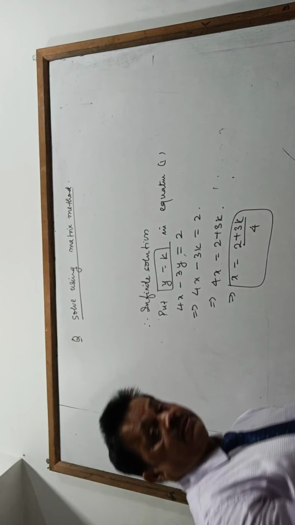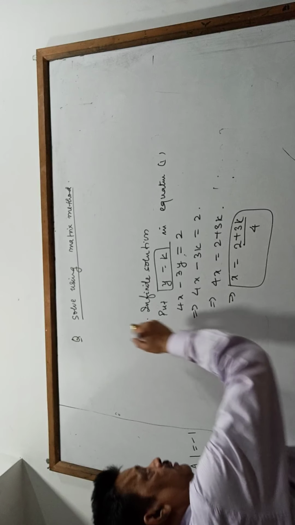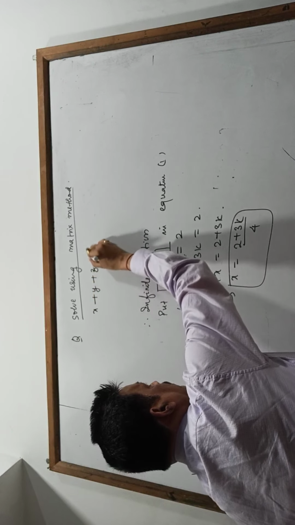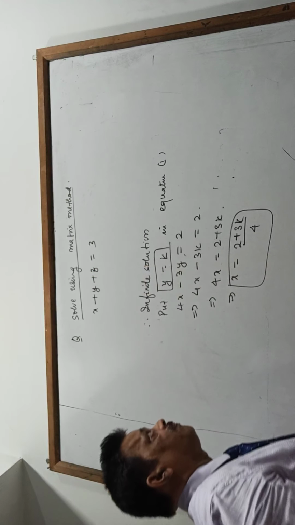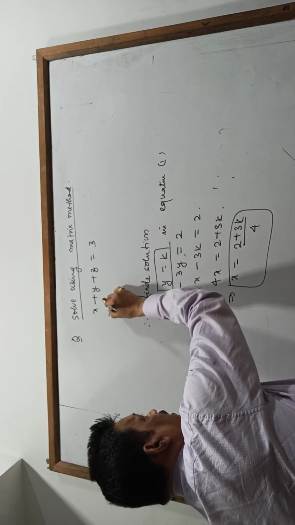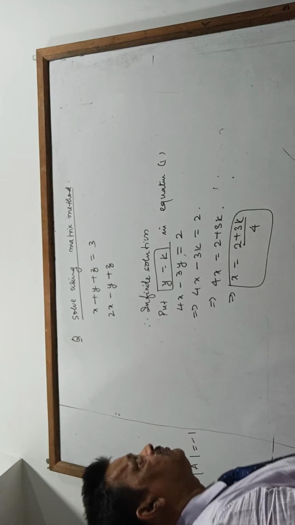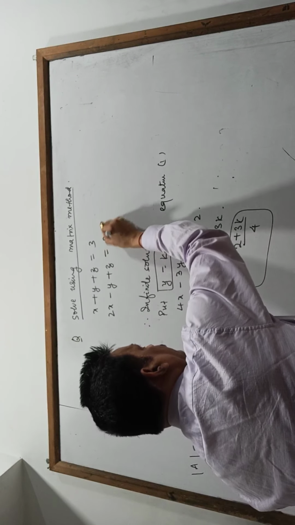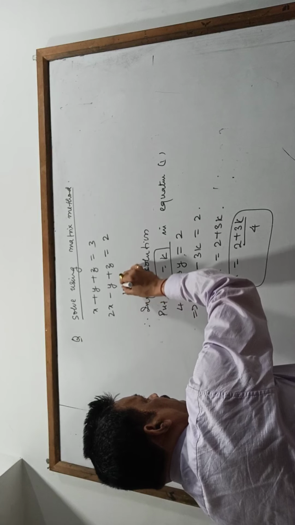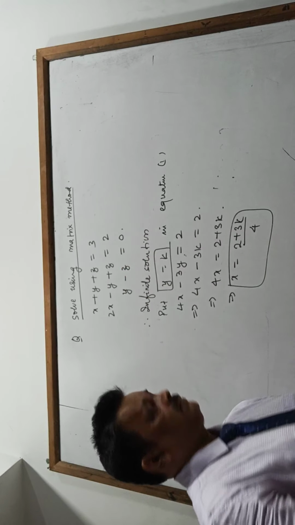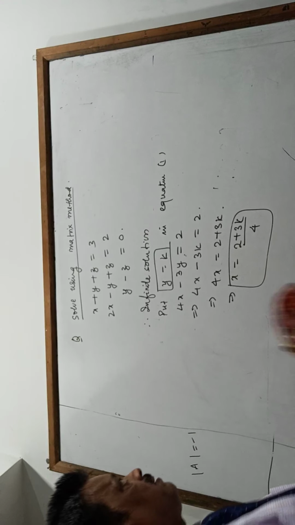Suppose you are getting x plus y plus z equals 3, 2x minus y plus z equals 2, y minus z equals 0. So what do you do here?